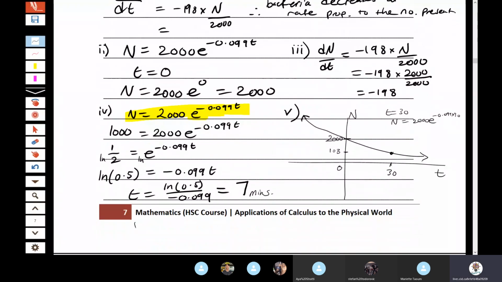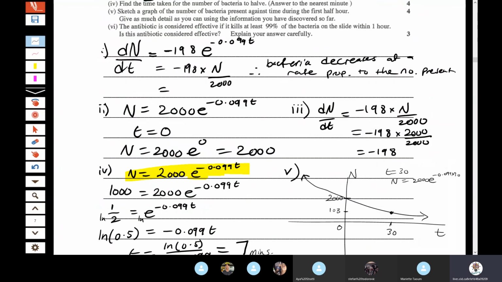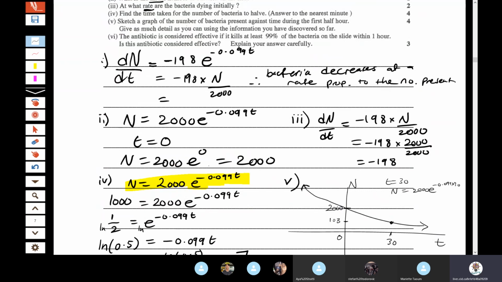Okay, and last one, VI. What does it say? The antibiotic is considered effective if it kills at least 99% of the bacteria on the slide within 1 hour. Is this antibiotic considered effective? Explain your answer carefully. All right, what do you think we're going to do?